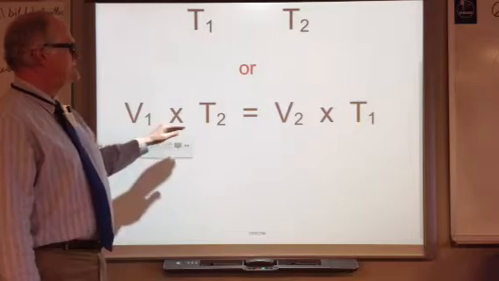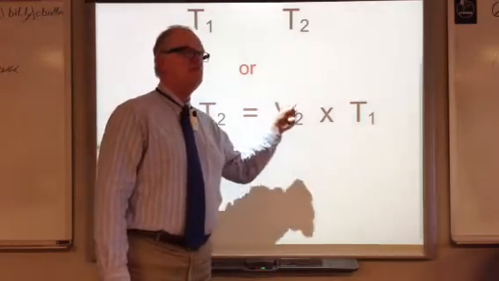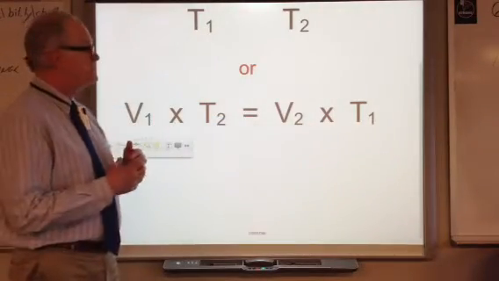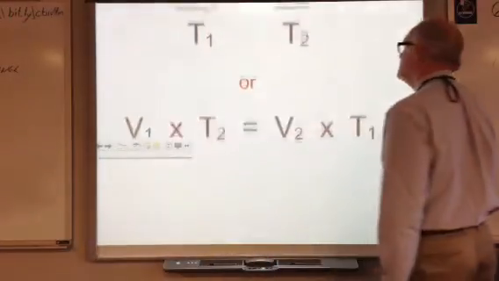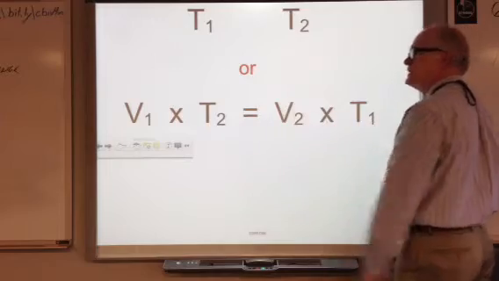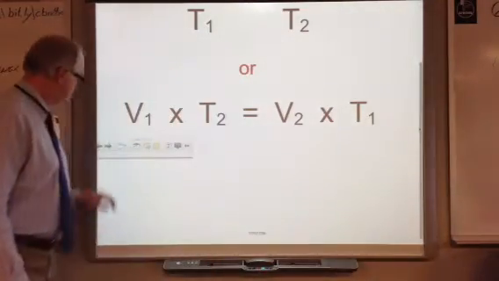So volume 1 times temperature 2 equals volume 2 times temperature 1. And either one is a good starting point for doing Charles' Law. The one on top is the way it's usually written, but this is equally good. Sometimes it's easier to deal with.